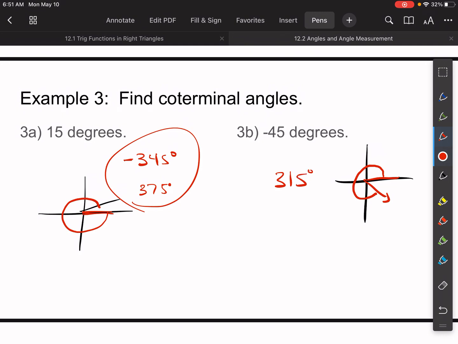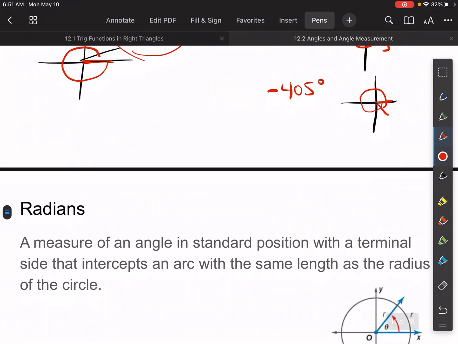If I kept going in the negative direction and went all the way around and back, that would be 360 plus 45, so that would give me 405, but in the negative direction. So another coterminal angle would be negative 405 degrees. But you could keep going, you could just add 360 twice. There's a lot of coterminal angles.